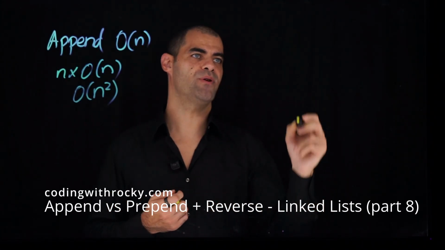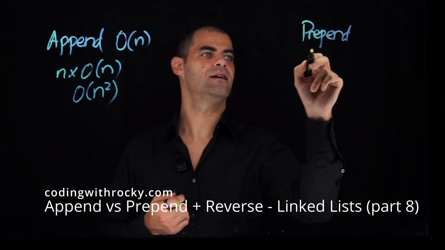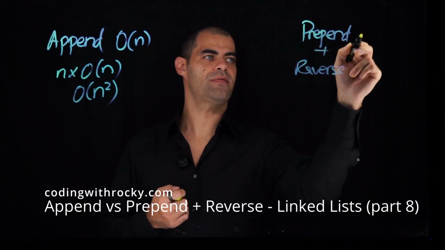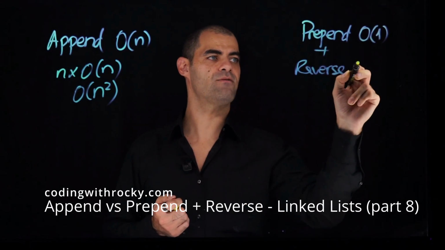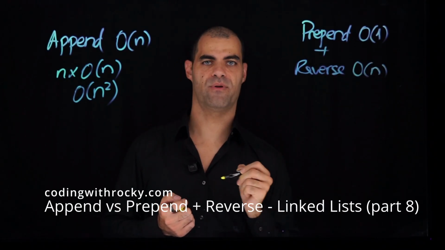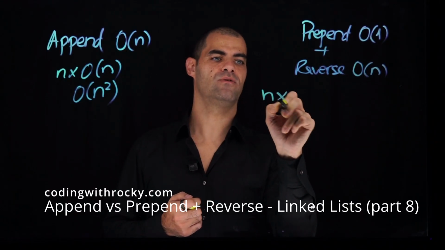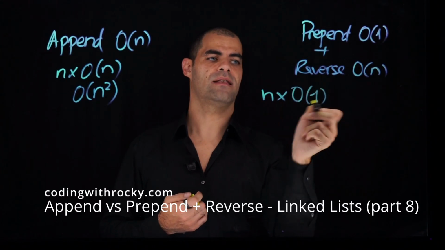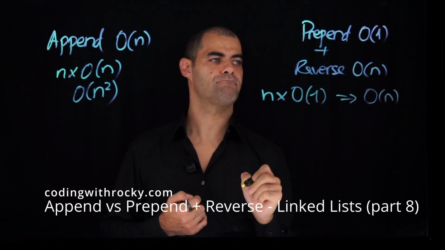So how would the prepend plus reverse be? We know that the prepend is an O of 1 operation and that the reverse is an O of n operation. So which means that if we want to load n items with an O of 1 operation, it would be n times O of 1, which of course is O of n.